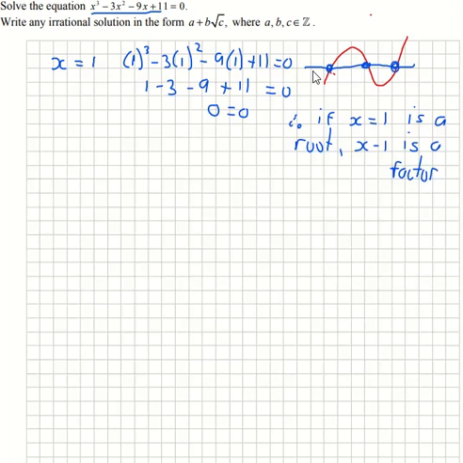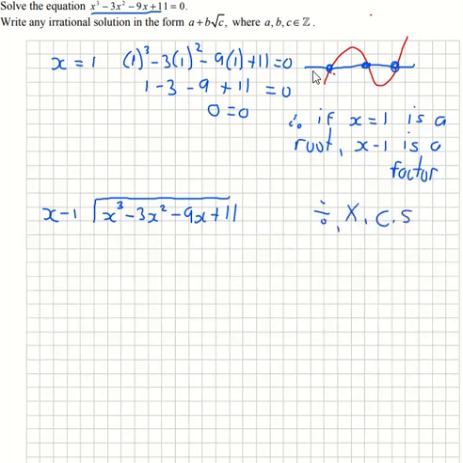So let's do the division. So we have x minus 1 divides into the cubic function x cubed minus 3x squared minus 9x plus 11.